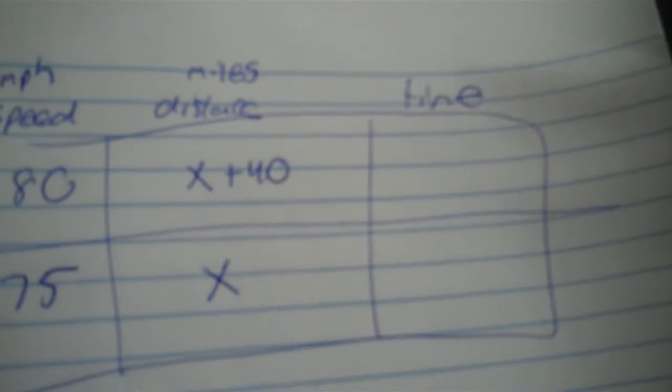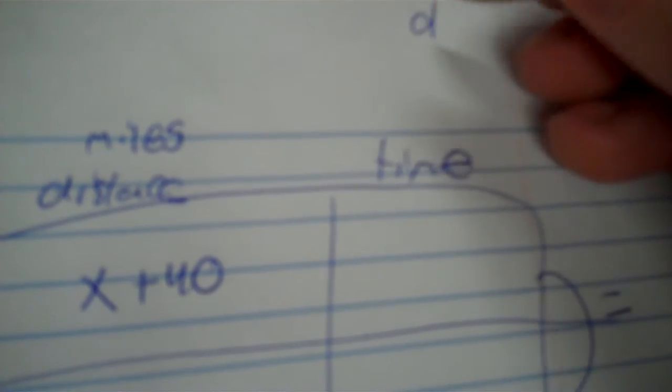Then what about the times? Well, we know that the times are the same amount of time, okay? So the times are equal. One thing you can do to represent time, time is distance divided by speed, okay? Distance divided by speed. So what's the distance here?